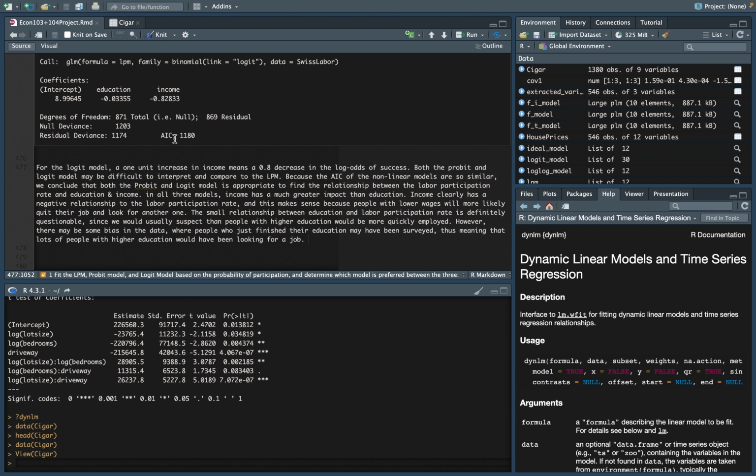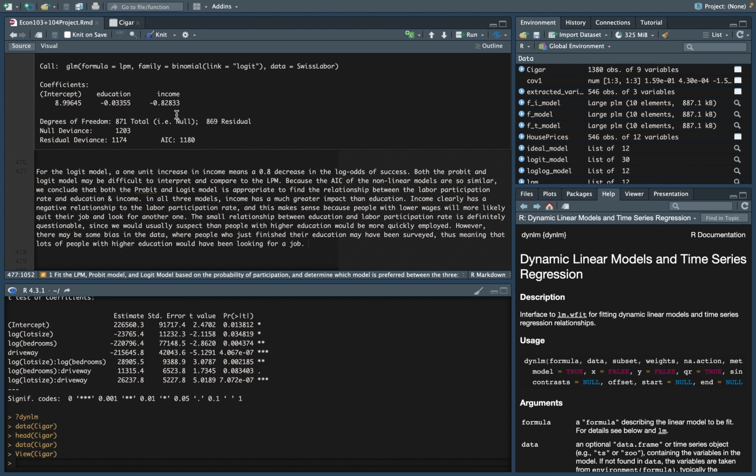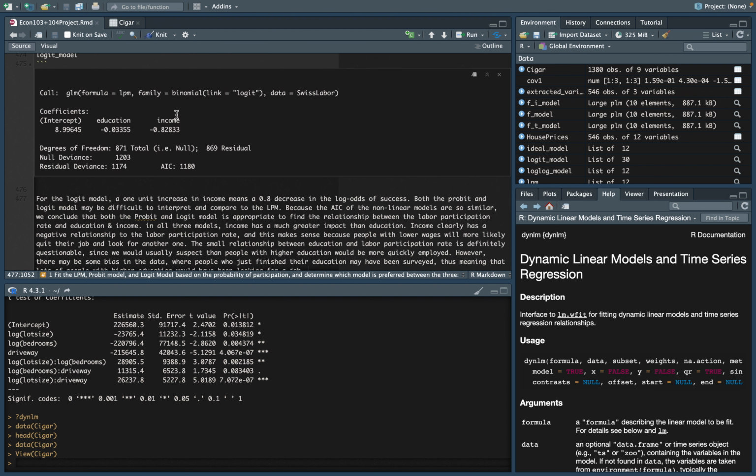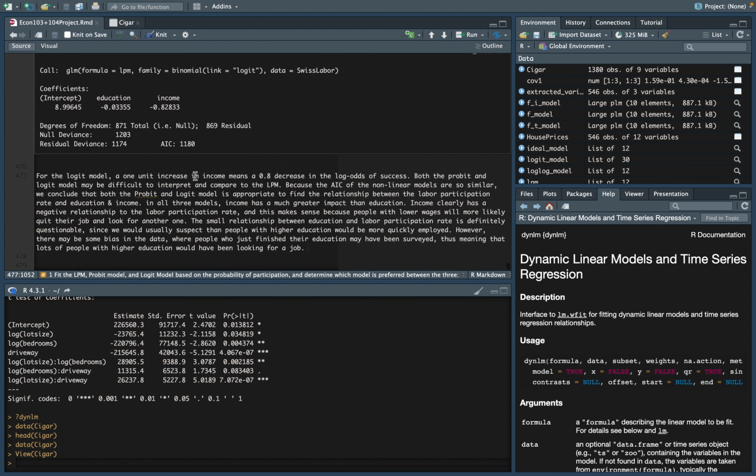Now the overall effect of how income affects the participation rate should be similar, but because these models use different algorithms and interpretation formulations, we have to interpret in a different way. So a 1 unit increase in income means there's a 0.8 decrease in the log odds of success. So the effect is much smaller than 0.8 once we transform it out of the log, but that's basically what it's saying.